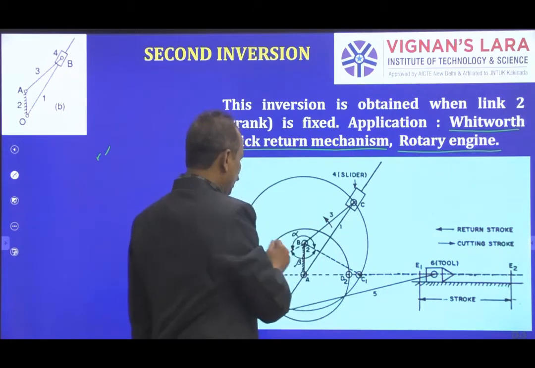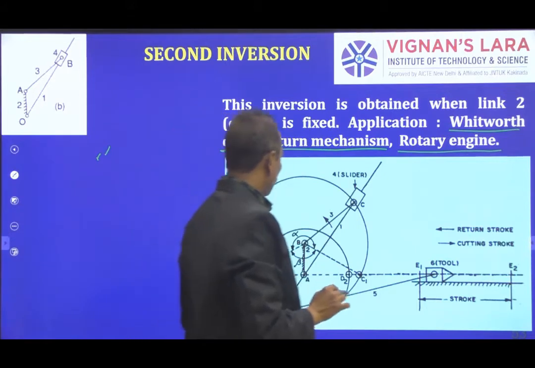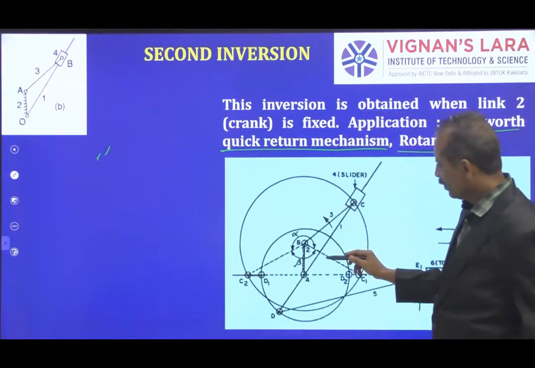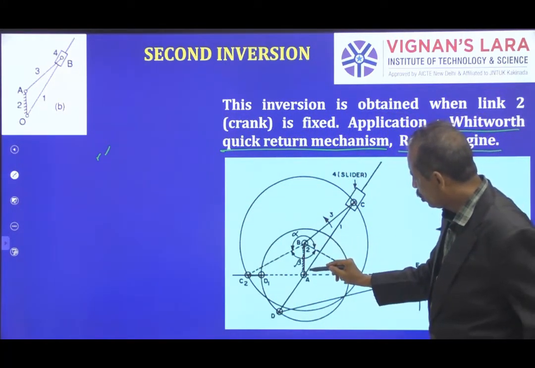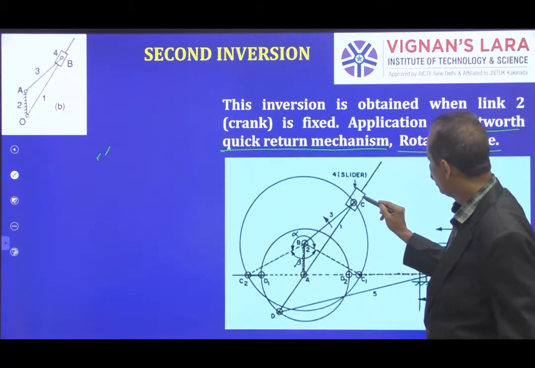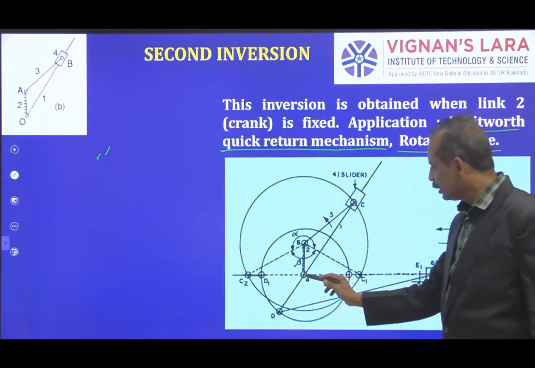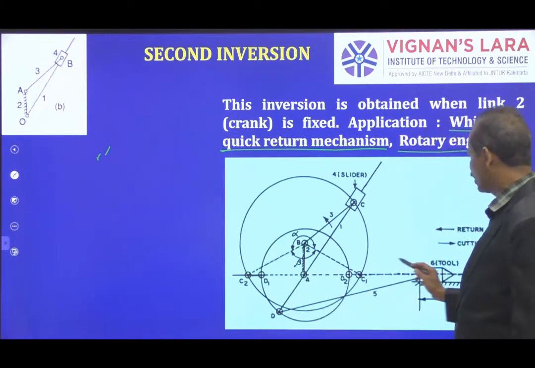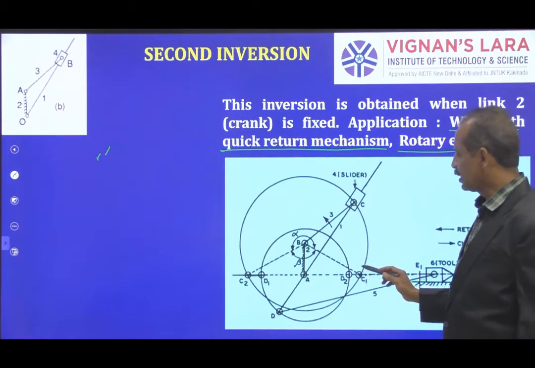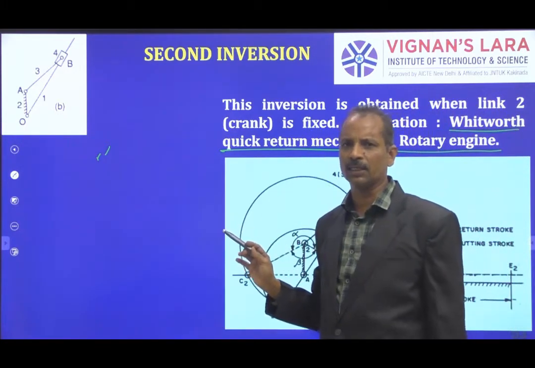So here I will show you the same thing in the mechanism. This is the link 2, this is the link 3, this is the link 1, and the slider is 4. So don't consider these 5 and 6 as a part of it, and don't call it a 6-link mechanism.